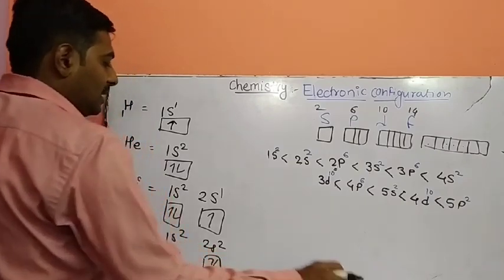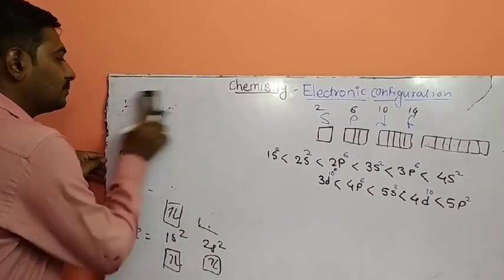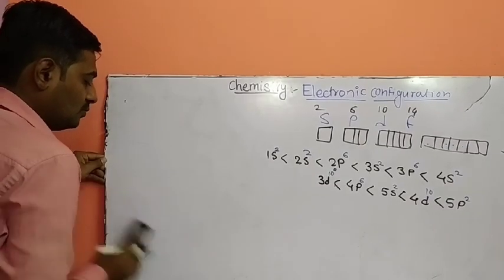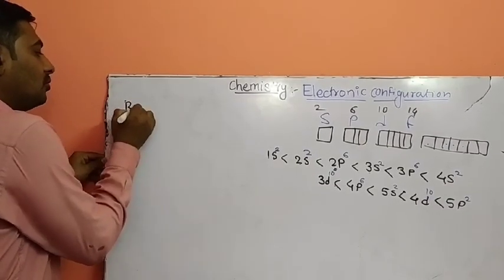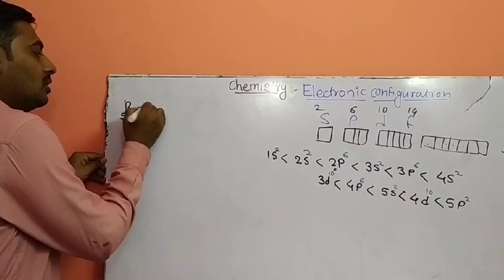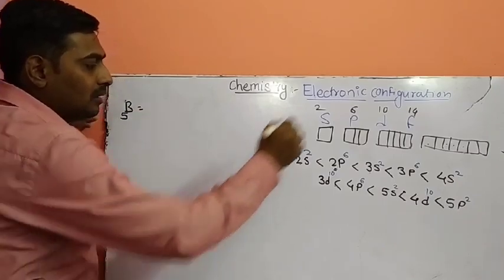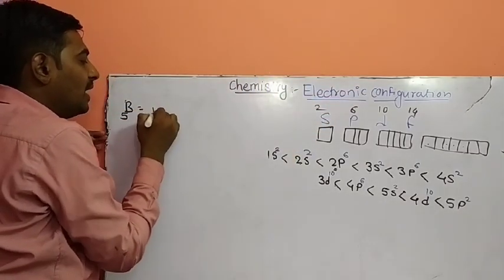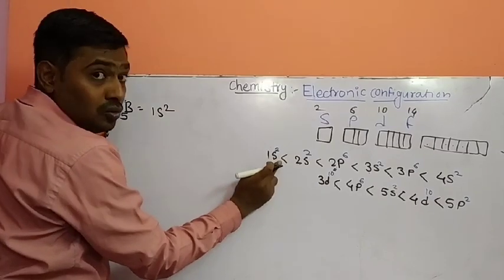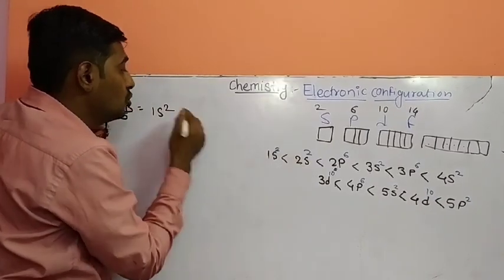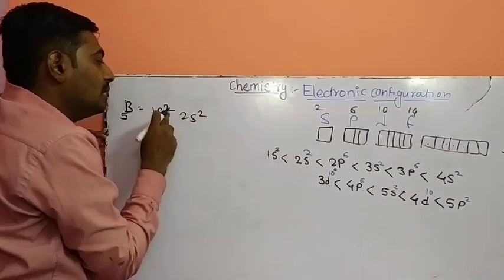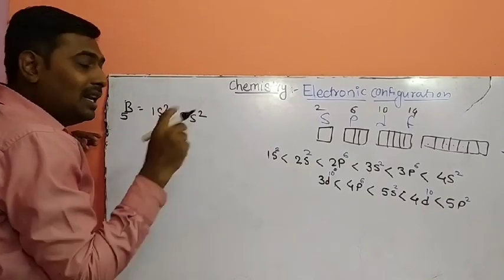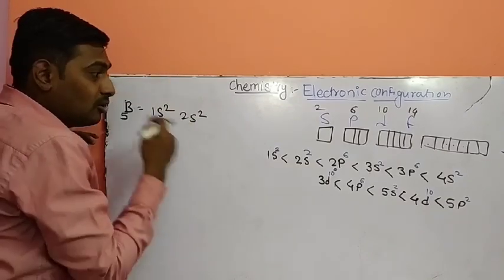Next, atomic number 5, boron. So what is the representation of 5 electrons? 1s2, 2s2. How many electrons remain? Only 1 electron. 2 plus 2, 4. 1 electron remains.